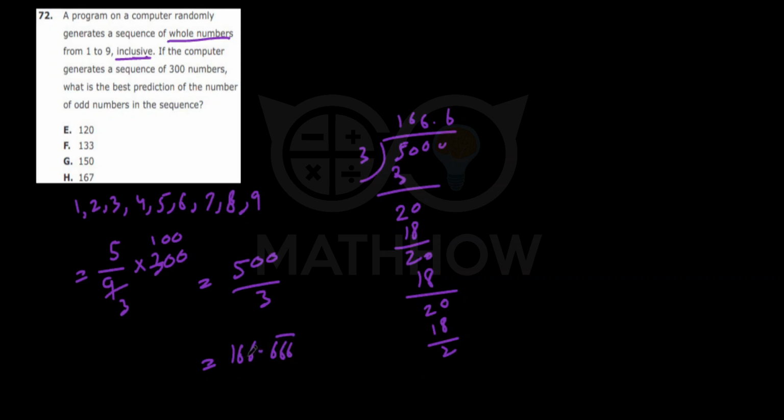So rounding this to the nearest whole number, this will become 167. So the best prediction is that 167 odd numbers will appear in the sequence of 300 numbers generated by this computer. So the correct answer will be option H.